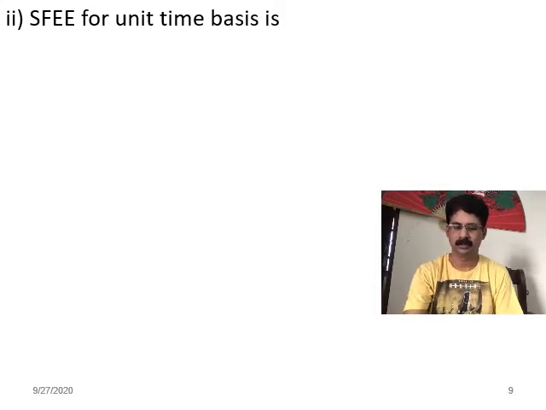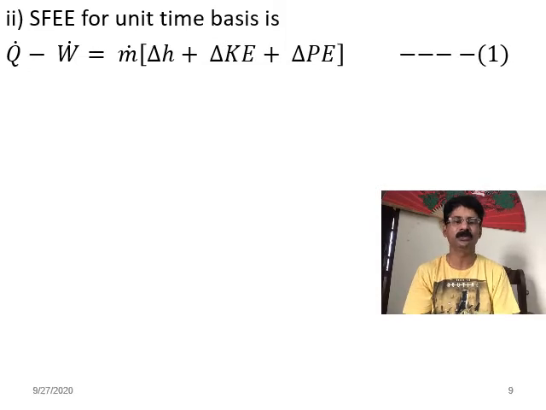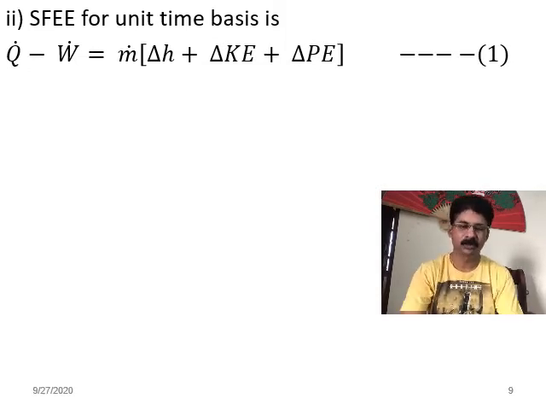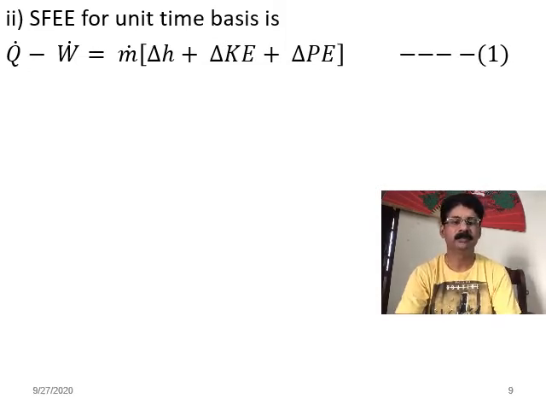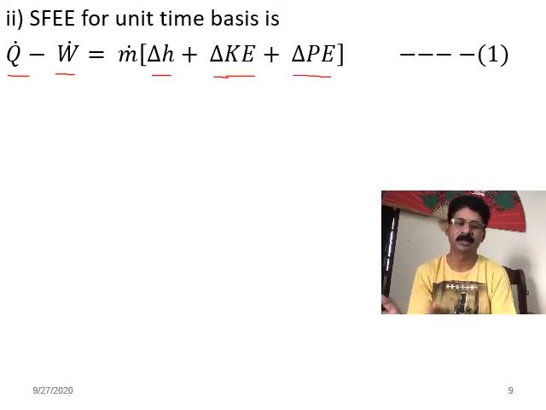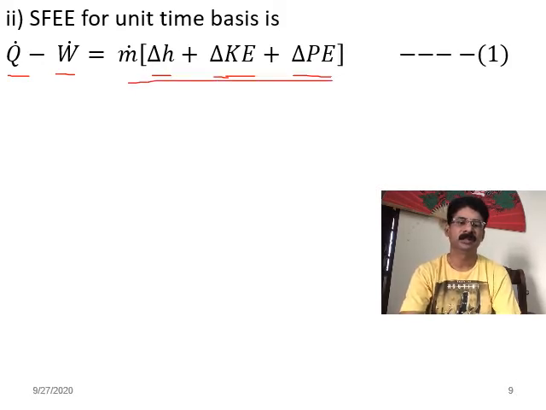Now here you see this is the unit time basis. You know, this term is heat, this is work, this is change in enthalpy, this is change in kinetic energy, and this is change in potential energy between inlet and outlet. These three quantities are the change between inlet and the outlet. This is the net heat transfer during the process, this is net work transfer during the process.